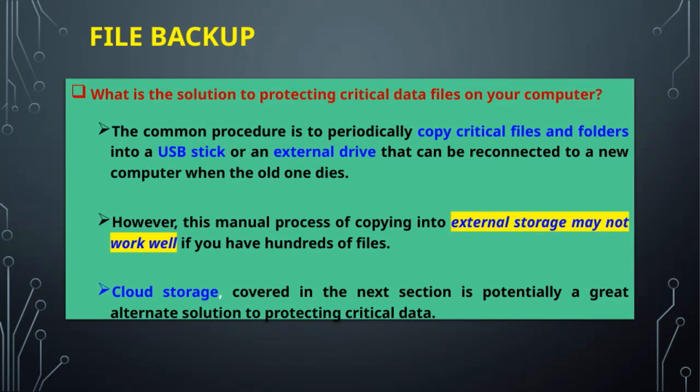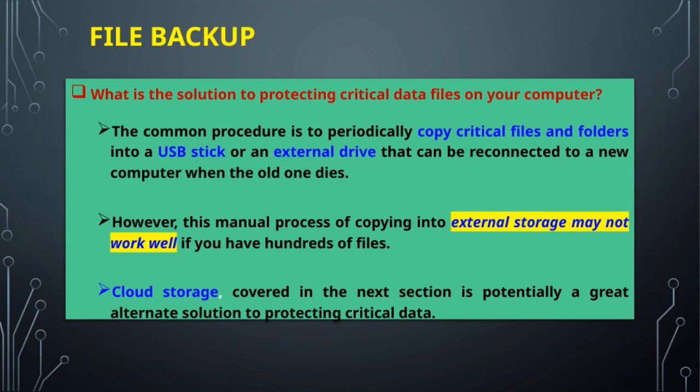So, what's the solution to protecting your critical data files on your computer? Well, a common approach is to periodically copy those important files and folders onto a USB stick or an external drive. That way, if your computer crashes or fails, you can reconnect that drive to a new machine and access your data. But here's the catch. Manually copying hundreds of files into external storage can quickly become a tedious and error-prone process.